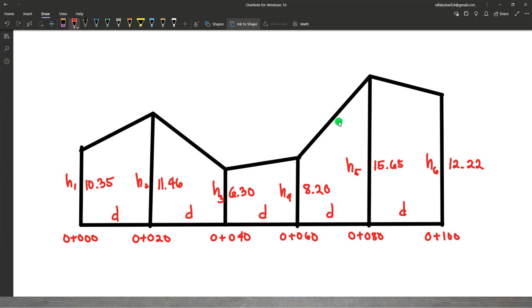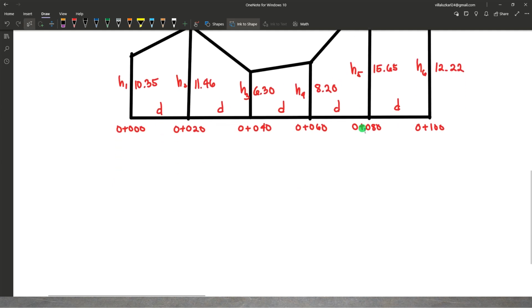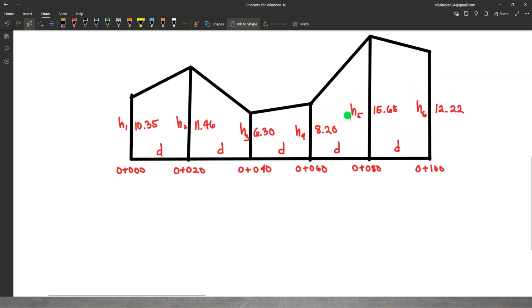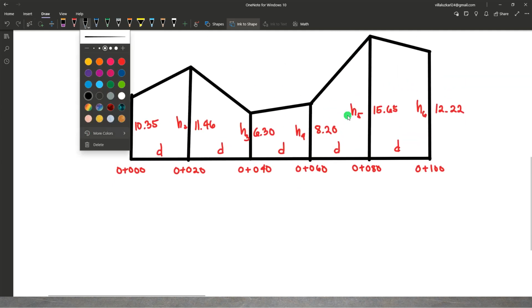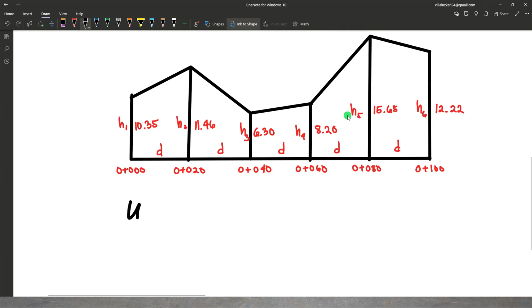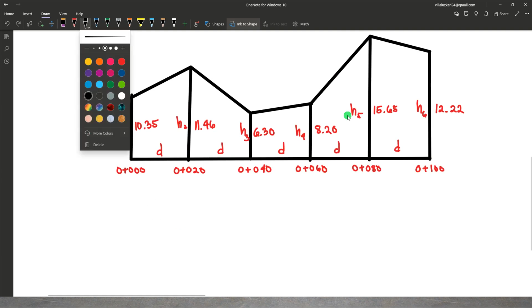Okay, but let's say this is trapezoid because the first solution that is needed is by trapezoidal rule. So using trapezoidal rule, we just simply apply the formula.